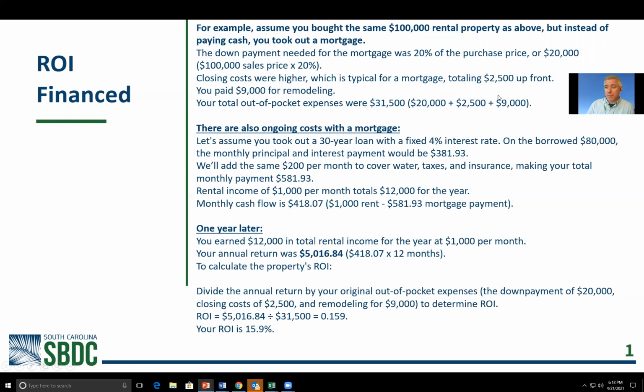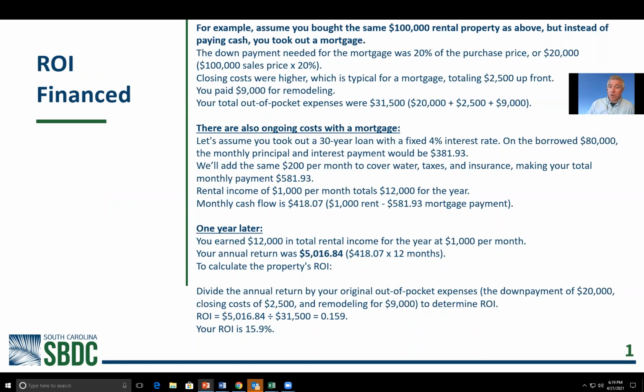So maybe it was about $1,500 more. You had $2,500 in closing costs. Then, of course, you paid that $9,000 to remodel. So now out of pocket is $31,500 instead of the $110,000, right? So you only put $31,500 of your cash into it, which is $20,000 plus the $2,500.